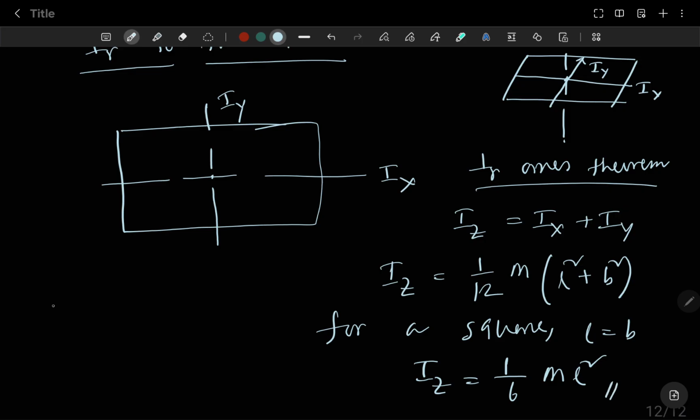Now what about a diagonal? But the diagonals are not perpendicular to each other for a rectangle, so it will not be as for a square.